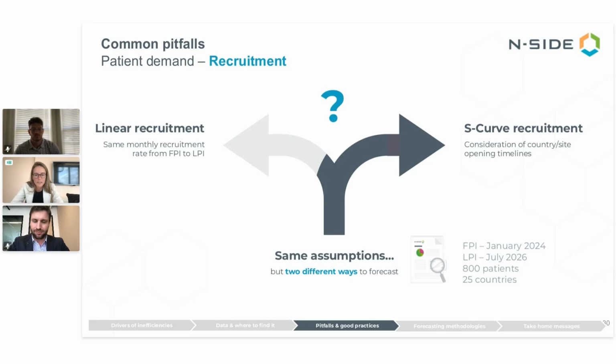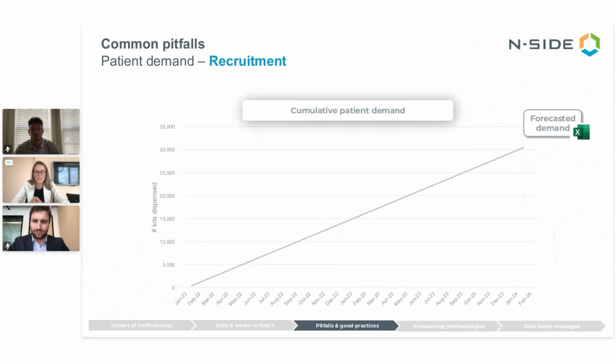And that's what we can see here in this example. We've seen this in the past a lot. This is a cumulative forecasted demand that has been computed based on a linear approach, linear recruitment. So you see you have the same amount of patients expected every month.